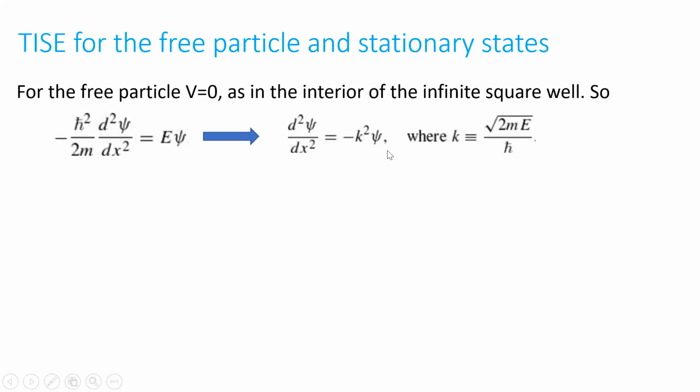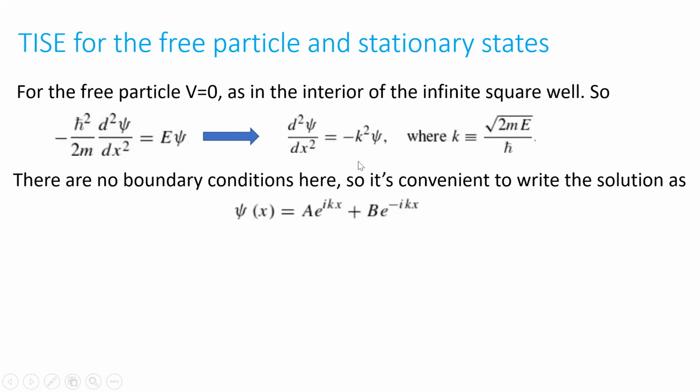So the solutions to this, if you remember, for the infinite square well, were sines and cosines. That's a harmonic solution. In the infinite square well, there are boundary conditions at 0 and a, so that made the cosine and sine more convenient. But here, because there are no boundary conditions, we can write the harmonic solutions.